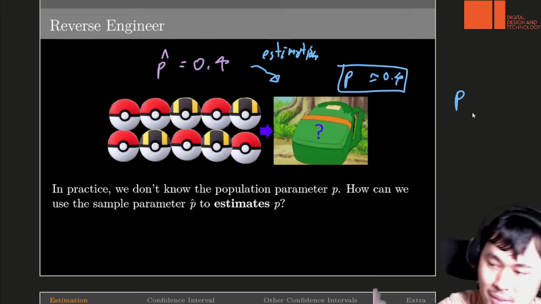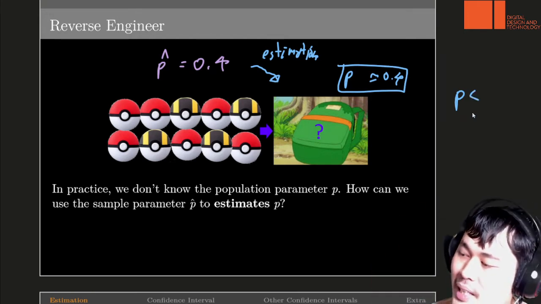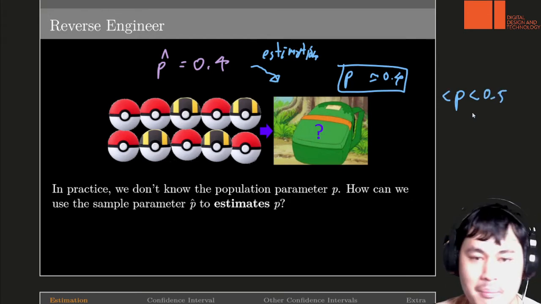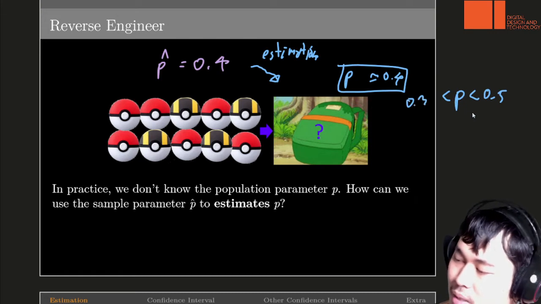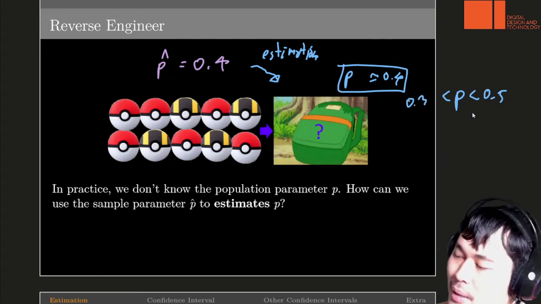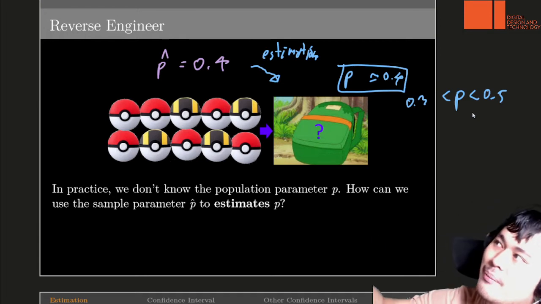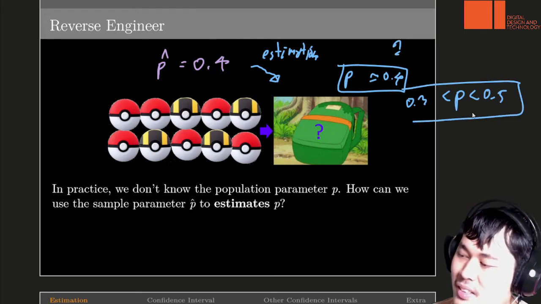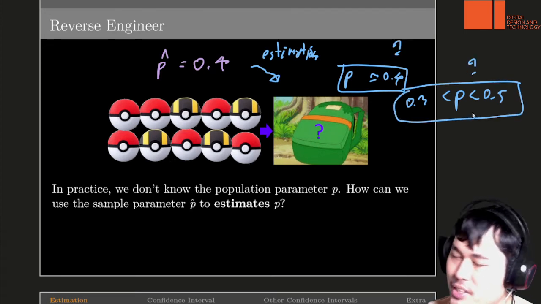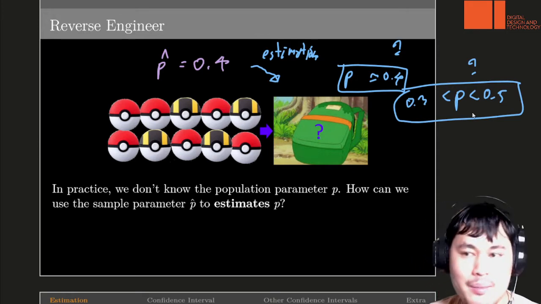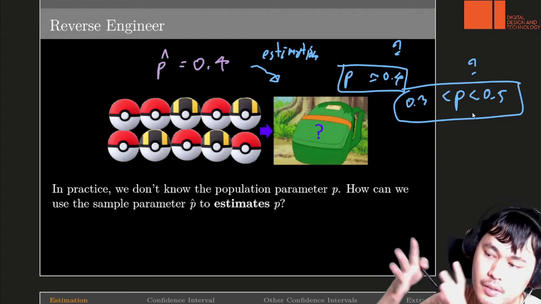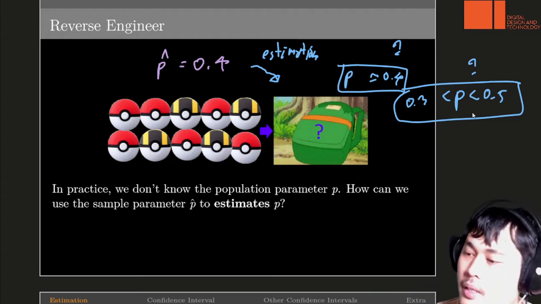The number you got is 0.4, but in reality it could be slightly higher, maybe 0.5, or about 0.3, about 0.1 below the sample parameter. And so maybe a more natural way to estimate something is to give a range, or an interval, of what you think the values could be.